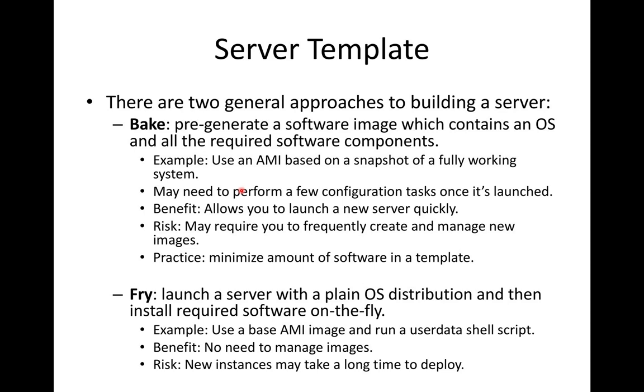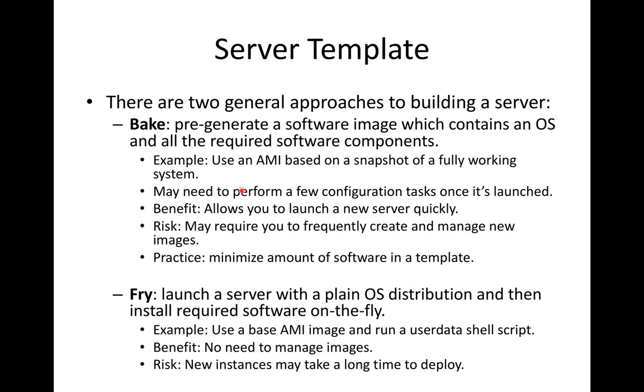And that might kick off a shell script, which calls a configuration management tool. When the server is booting up, a script is going to install all the software that we need. It's going to apply all of the configuration changes to that server. It's going to do all that on the fly as the instance is launching for the first time.